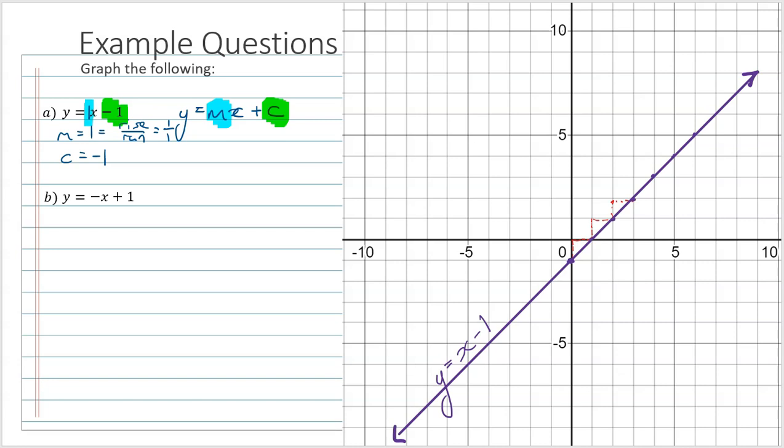Now, just annotating it a little bit more, remember, this is the y-intercept, and it is at 0, -1. 0 because the y-intercept is always at x equals 0, and -1 because that is our c here.